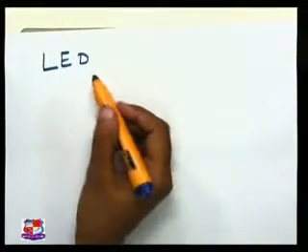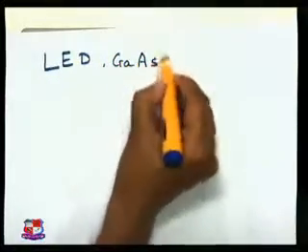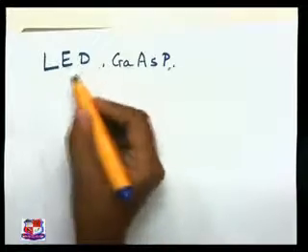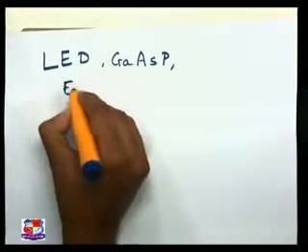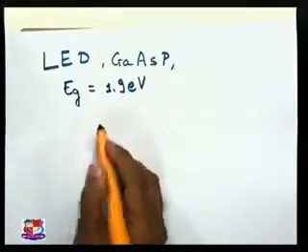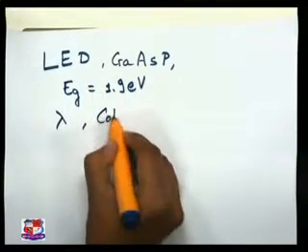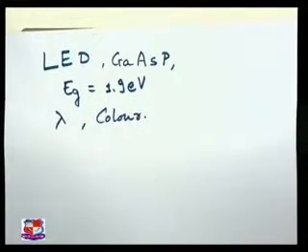A light emitting diode is made up of GaAsP, and it has a band gap Eg of 1.9 eV, and we have to determine the wavelength lambda and the color of the radiation that is emitted.